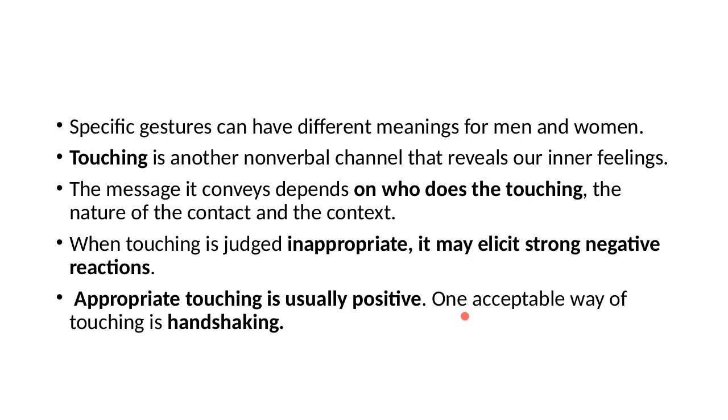When touching is judged inappropriate, it may elicit strong negative reactions. Appropriate touching is usually positive. One acceptable way of touching is handshaking or tapping on the shoulders. But if the touching is inappropriate, definitely it will cause strong negative emotions.